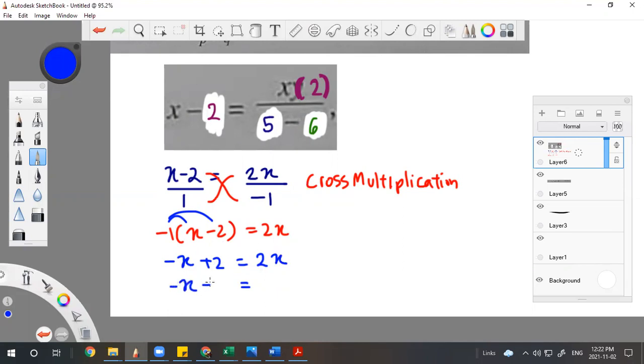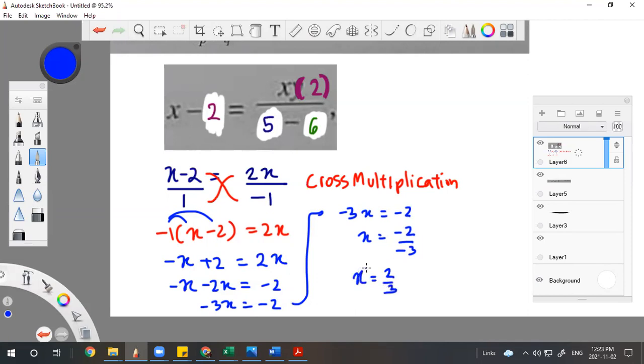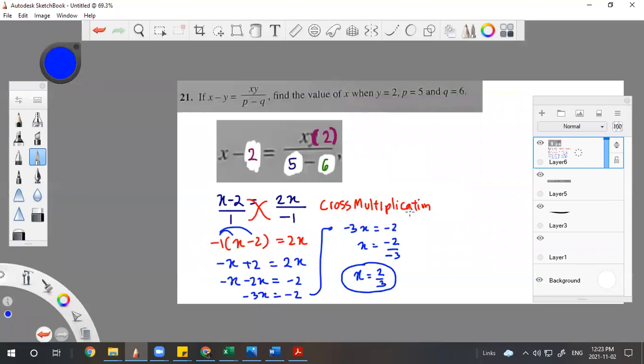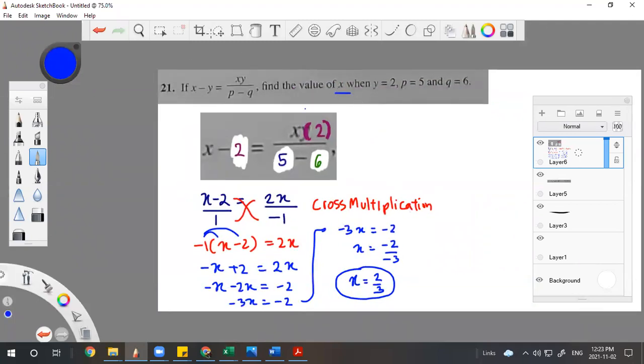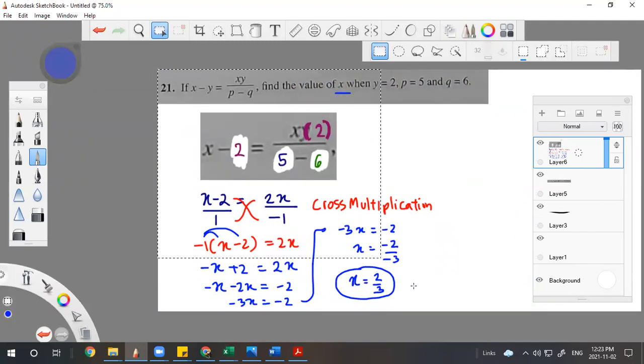Minus x minus 2x, right, equals negative 2. Negative 3x equals negative 2. Okay, I rewrite one more time biar bisa lihat ya. So x will equal negative 2 over negative 3. The negative divided by negative is positive. Okay, that's it. Find the value of x. Okay, done. We are done for this number.